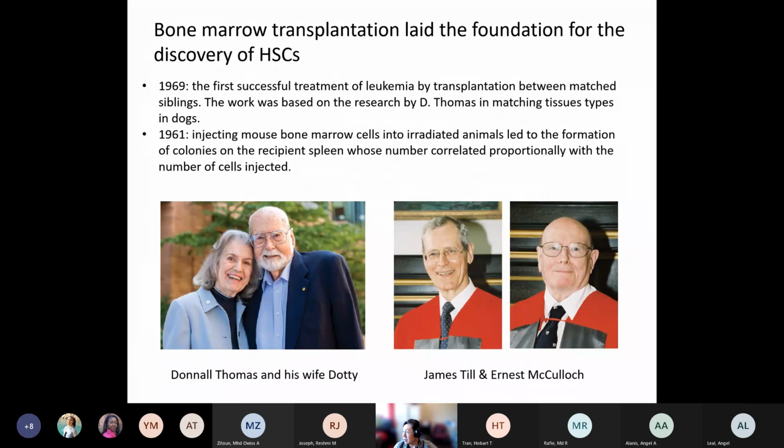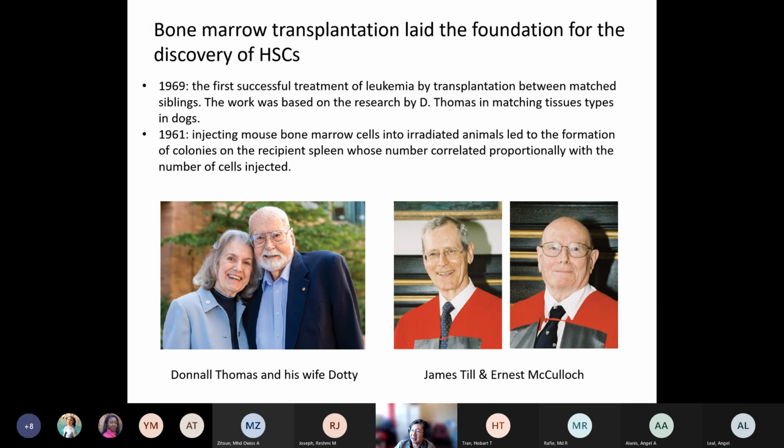Now, our knowledge about the hematopoietic stem cells is actually quite early, at almost the same time as when John Gurdon first described somatic cell nuclear transfer.